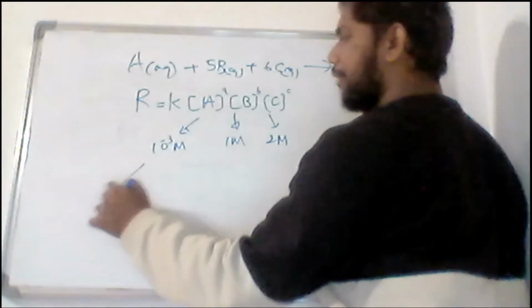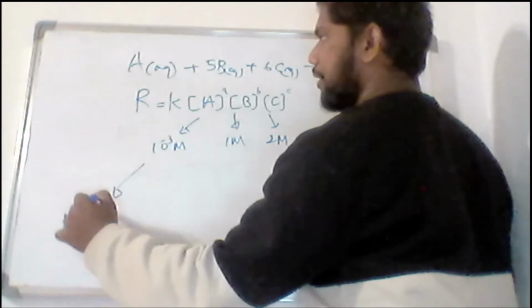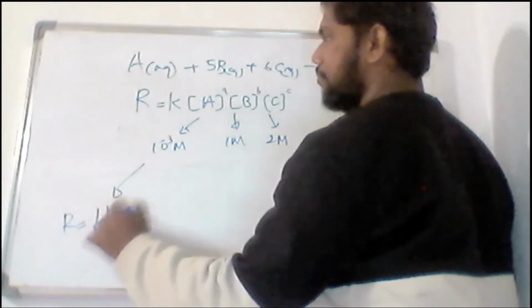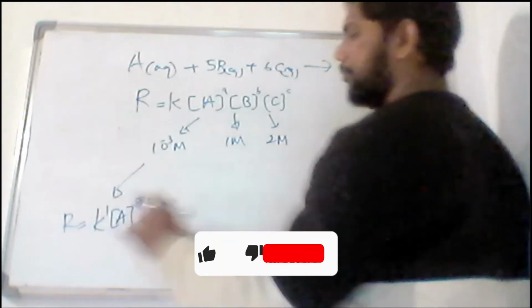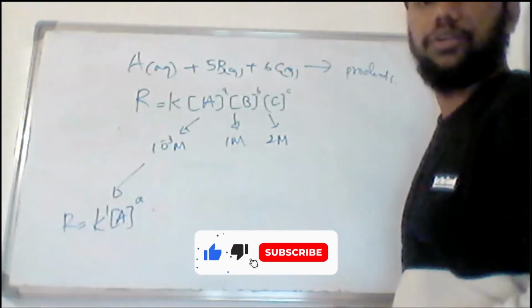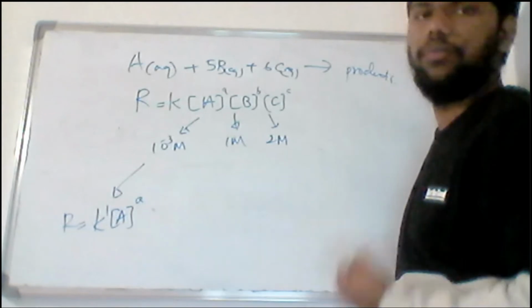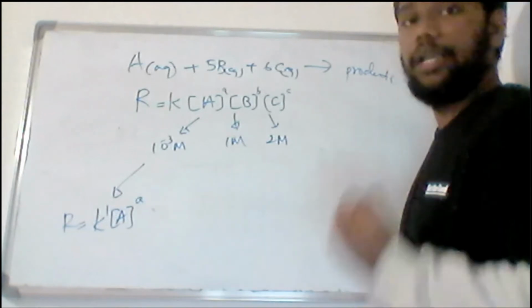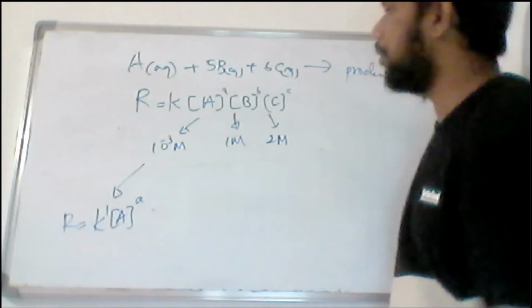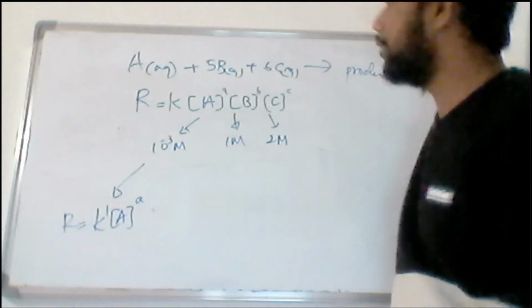Show that you can write this rate as k dash times [A] to the power a. So this is critical. Why? Think about the fact. Now I'm going to put values here.